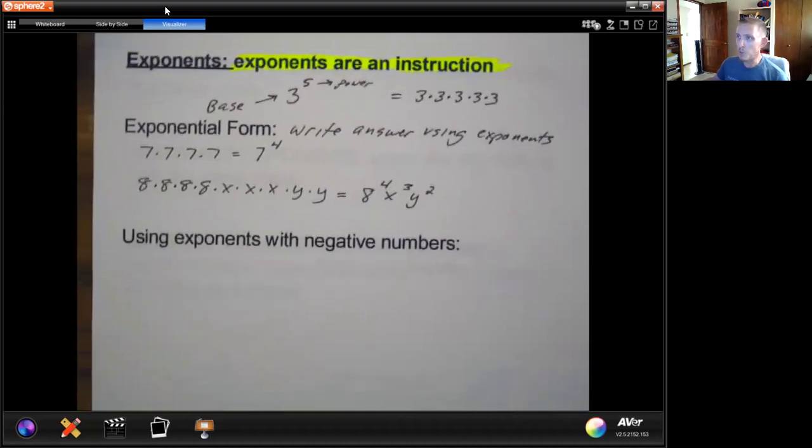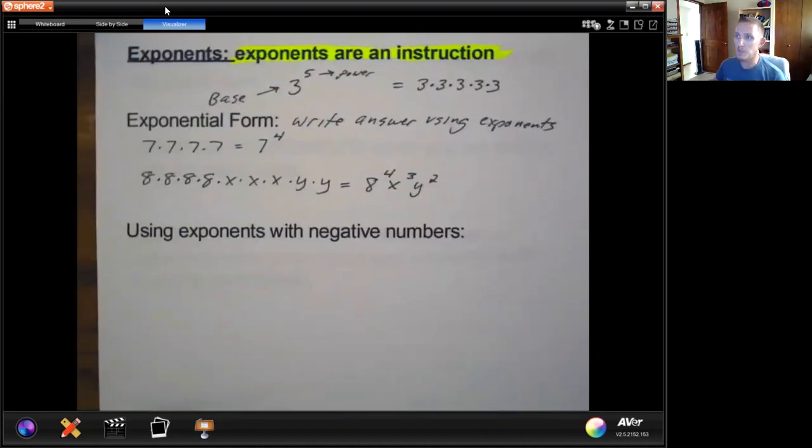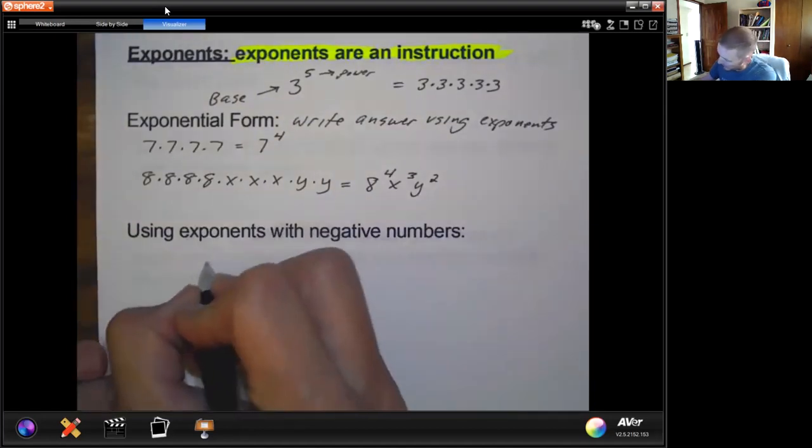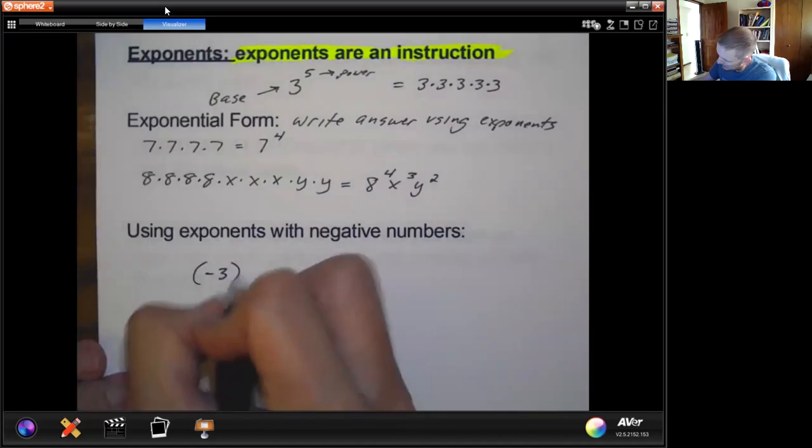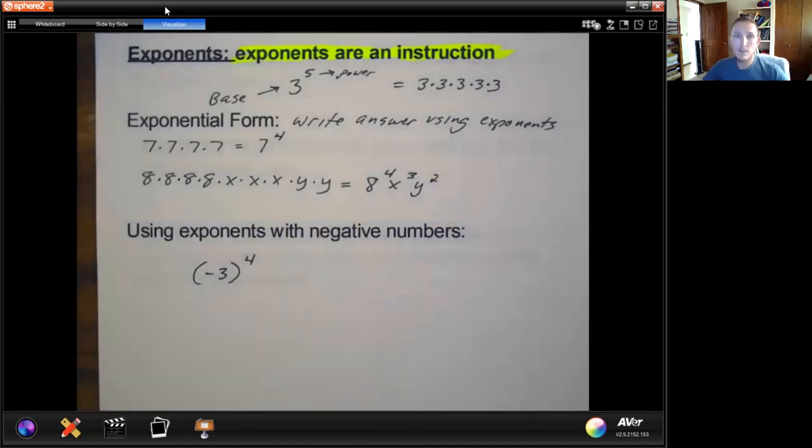It's also super important to understand how exponents are going to be affecting negative numbers. So if I give you the first idea, it's going to be -3 in parentheses to the 4th power.